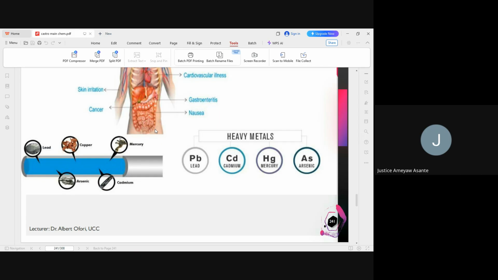The metals classified as heavy metals are lead, cadmium, mercury, and arsenic.